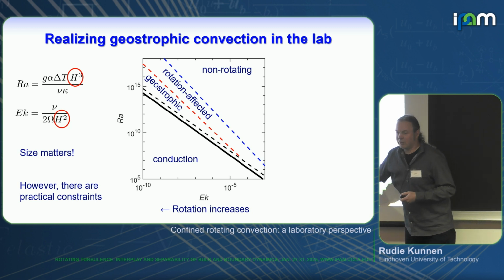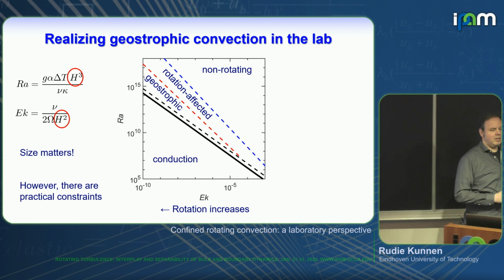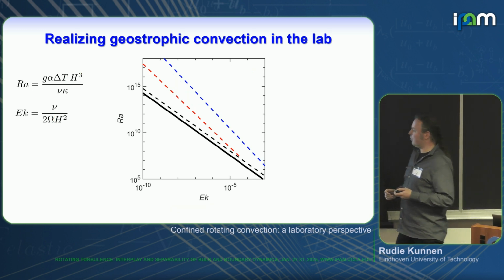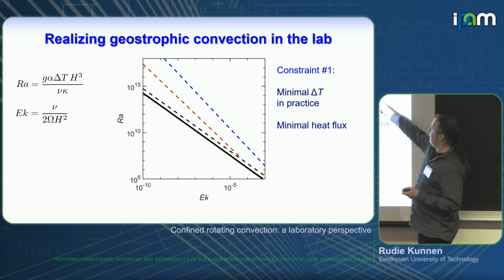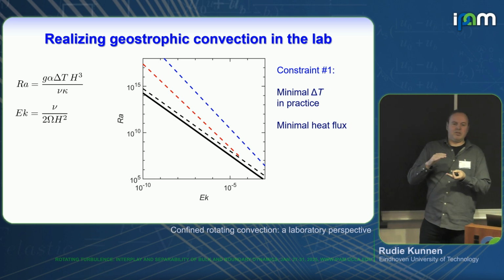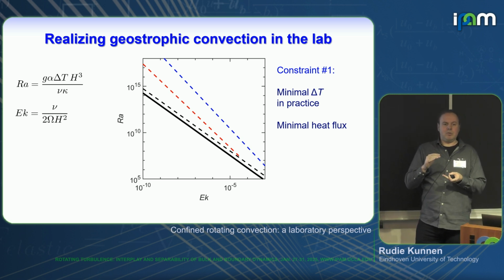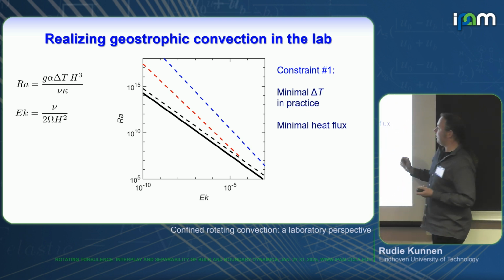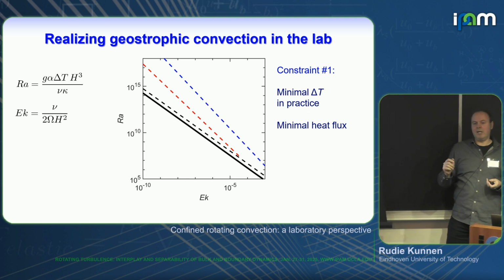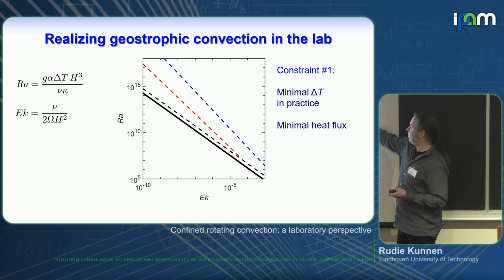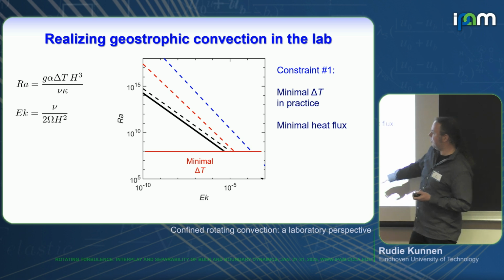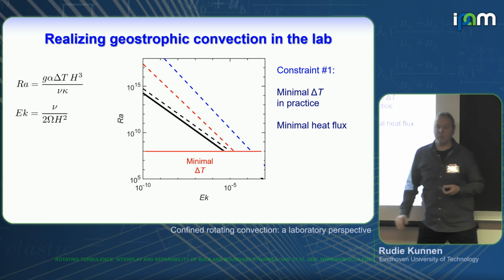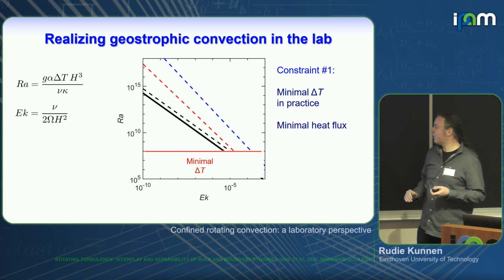But at the same time, there are also some practical constraints that we can take into account. The first one of those is there will be a minimal temperature difference that we can reasonably measure up to a certain accuracy in a laboratory device, or there is a minimal heat flux that we can realistically apply. Both of these will lead to some kind of lower limit for the temperature difference, a lower limit on Rayleigh for any given geometry.